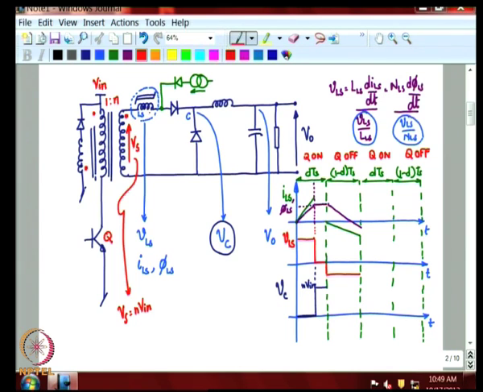Now, if the current rates are such that this negative value is less than n times V in, with the dot end negative and the non-dot end positive, then the remaining voltage will appear across this diode as reverse bias, because this is conducting and this diode is turned off. Therefore, you can be assured that all the current flows only in this direction.